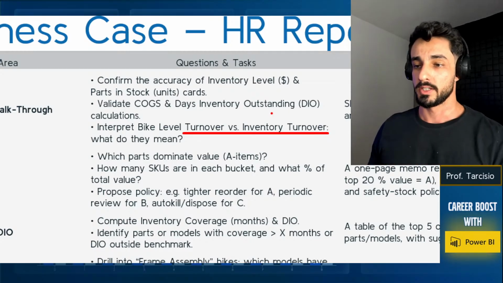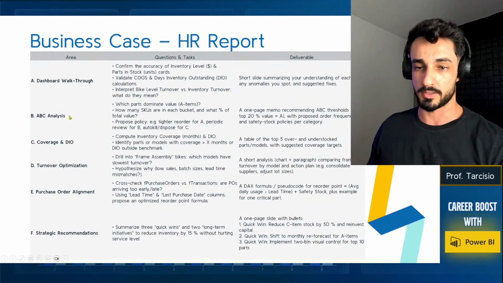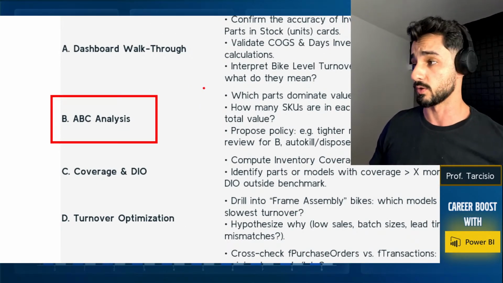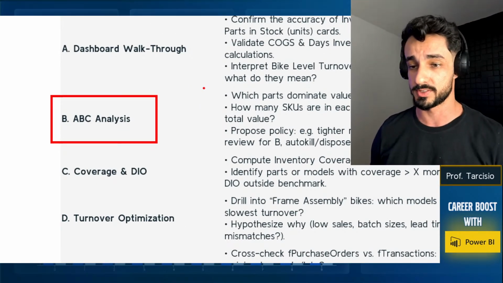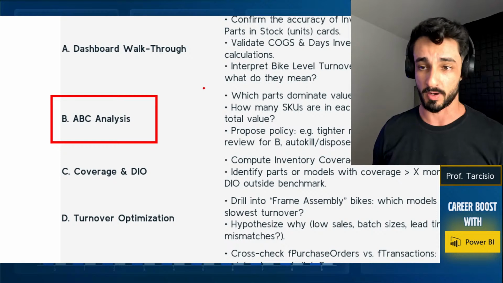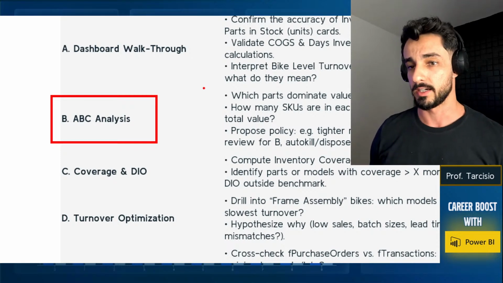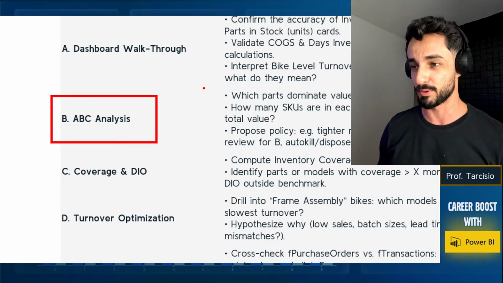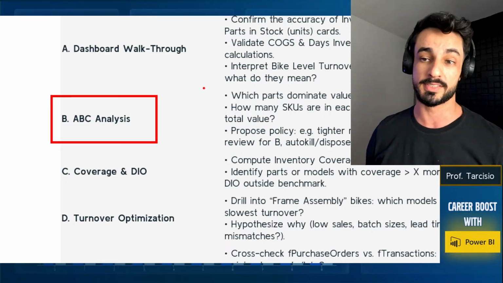Okay. And well, we have here many other analyses like the ABC analysis that is very famous. So if you are not from logistics or supply chain, you may have heard about the Pareto principle. There's something that we are going to use here related to Pareto, that is the ABC analysis.